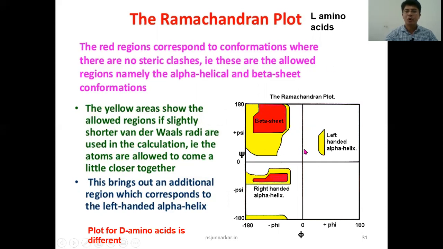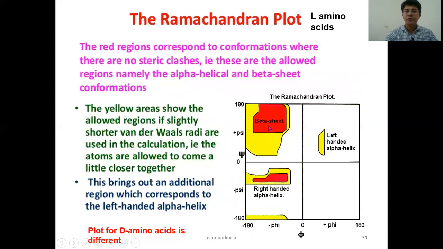You can see here the figure showing the Ramachandran plot. The phi angles and the psi angles are plotted, and the data are collected from X-ray diffraction analysis of proteins, and the phi and psi values are calculated.